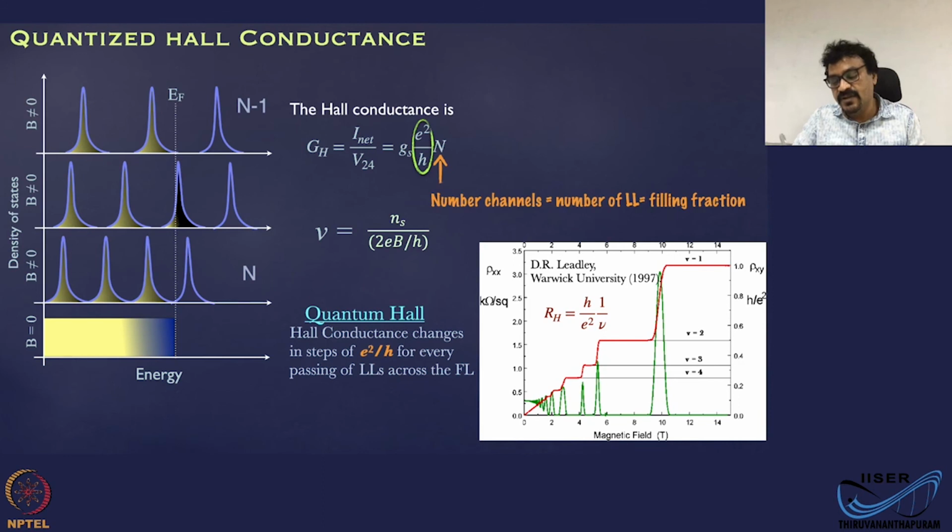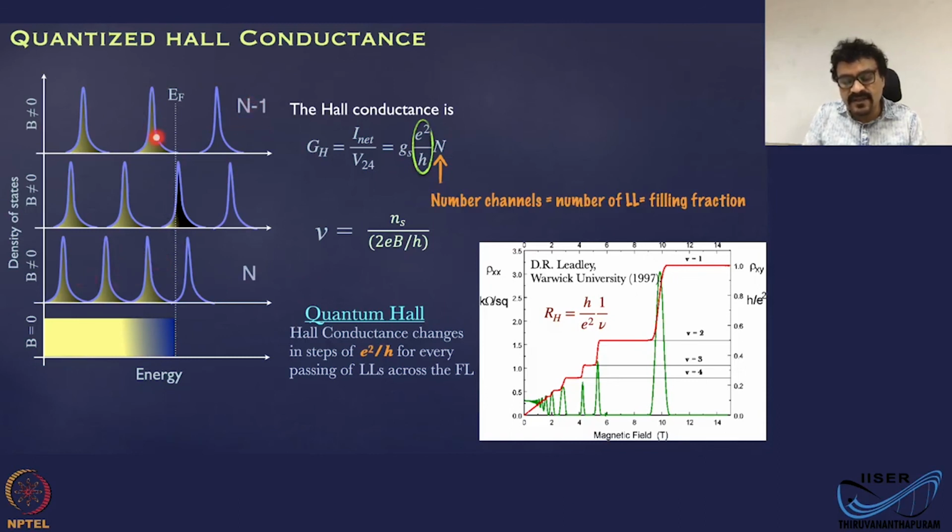Okay, so when you cut one Landau level in the bulk, you lose one edge. When you lose one edge, you lose conductivity by this quantum e square by h, or you increase resistance by h by e square. So the action of ramping the magnetic field will be taking from a situation with n number of Landau levels and going to n minus 1.